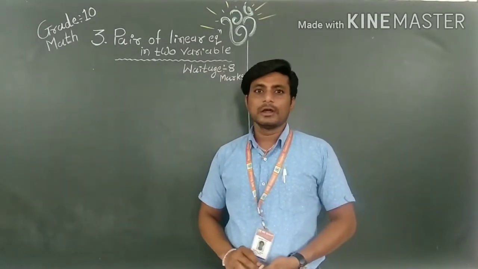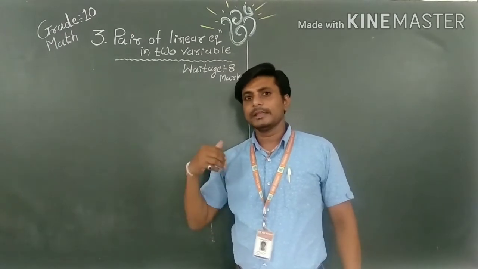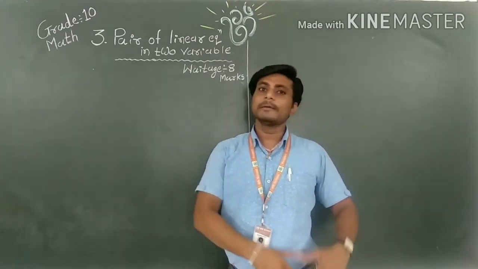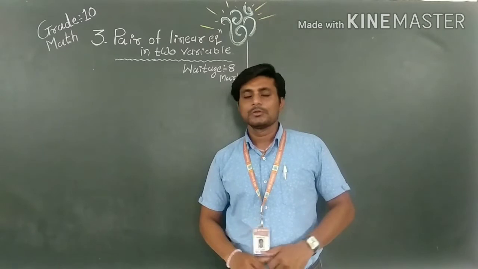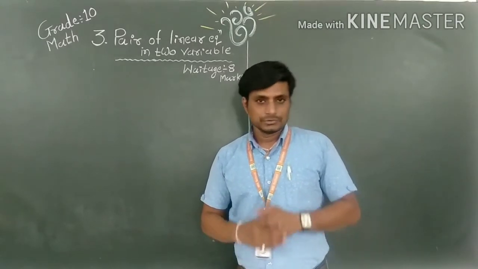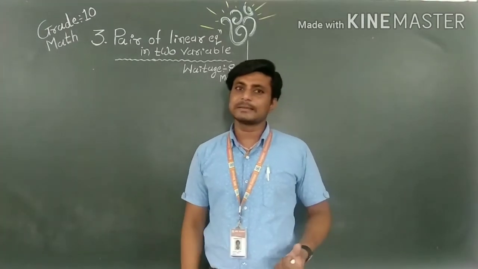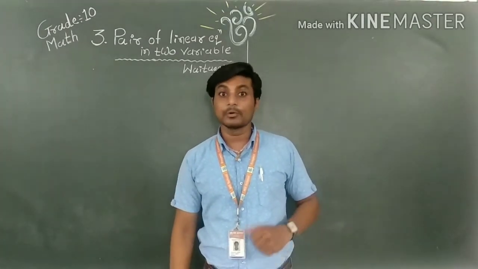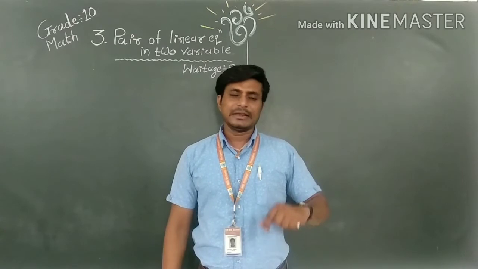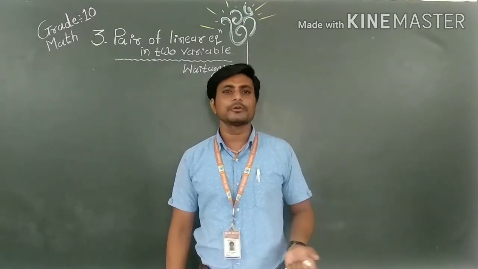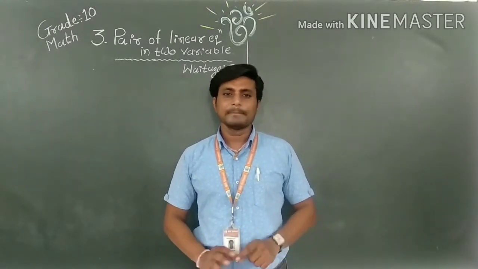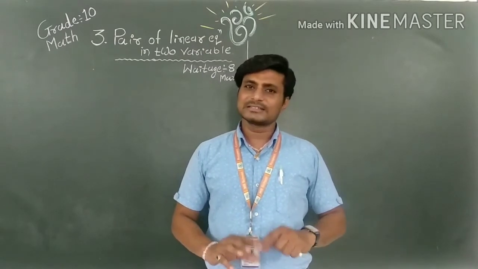What we learn today: in polynomials, or in a previous standard, you all know what a linear equation is. As well, in the second chapter we talked about linear polynomials. Linear equation and linear polynomial are similar words.